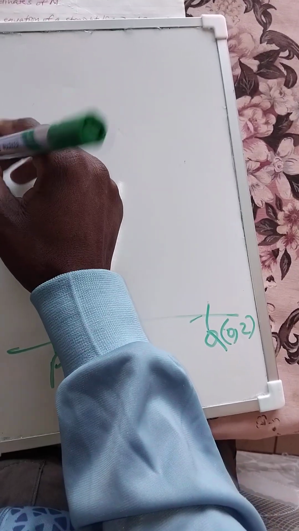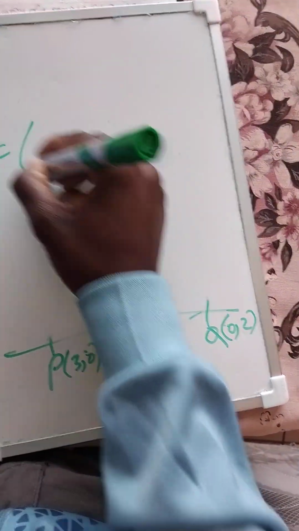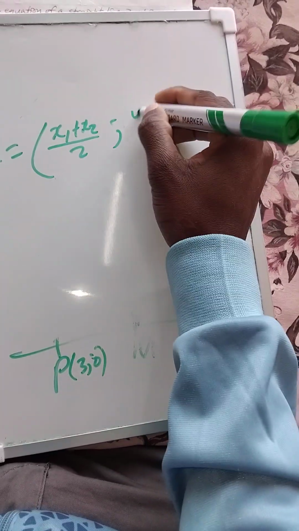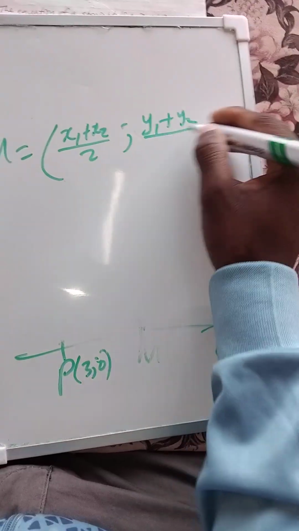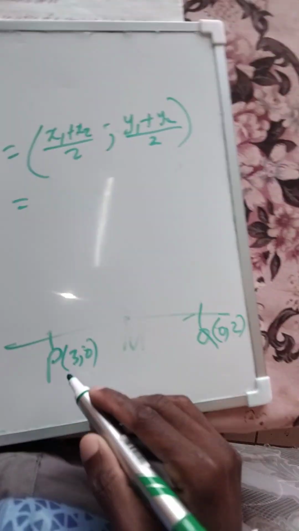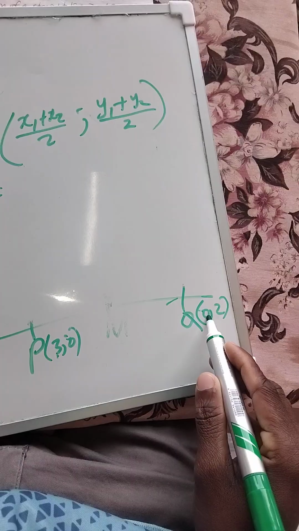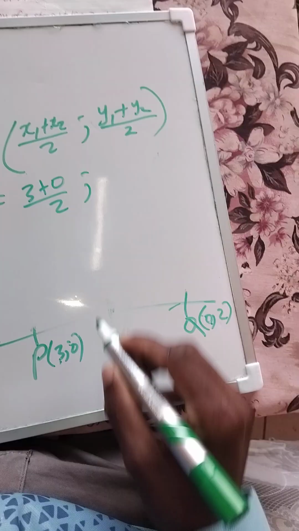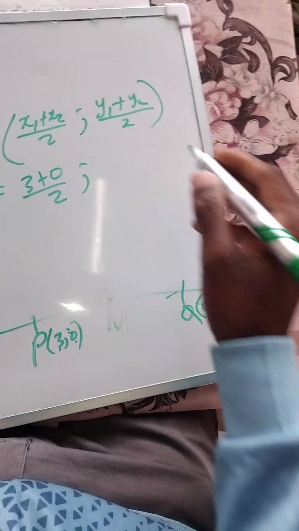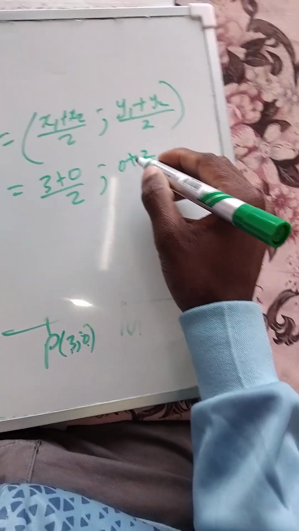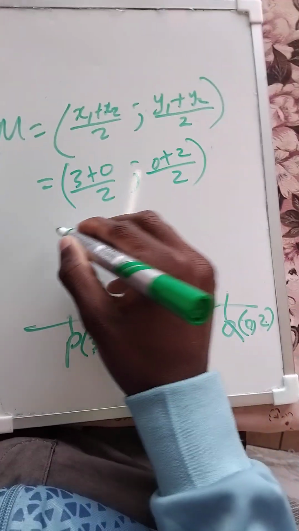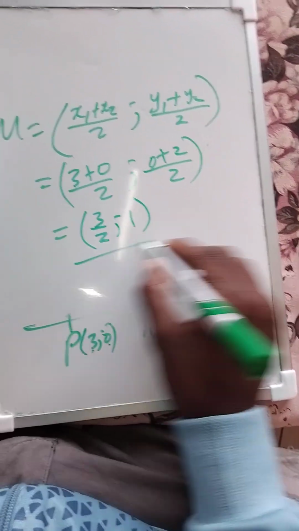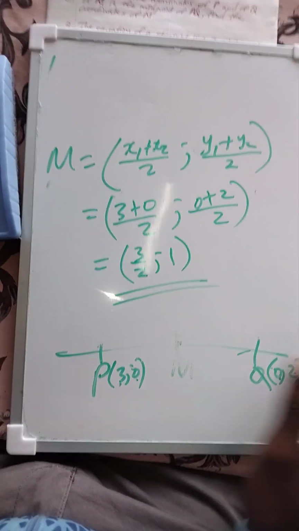The midpoint is (x1 plus x2 over 2, y1 plus y2 over 2). So the x is 3 plus 0 over 2, then the y is 0 plus 2 over 2. So it is 3 over 2 and 1. Those are the coordinates of m.